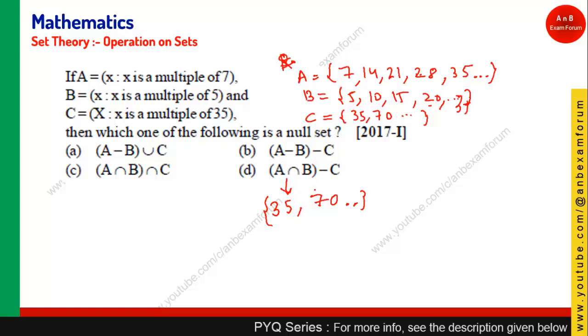So there are no elements which are present in A intersection B but not in C. Therefore it is equal to the null set. Every element present in A intersection B is also present in set C, and there is no element which is present in A intersection B but not in C. So the answer is option D. If you don't have the theory portion, you should go back, then you can easily appreciate this solution. So option D is the right answer.